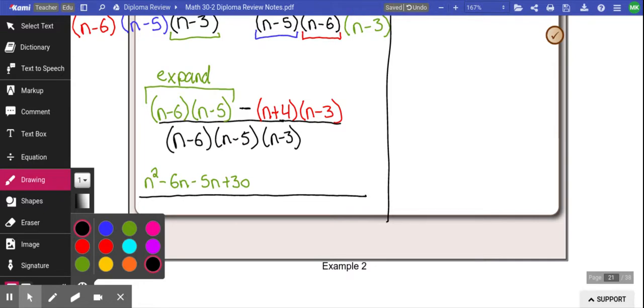Then we're going to expand the red side. When we expand the red side, we're going to get n squared plus 4n minus 3n minus 12. And the denominator hasn't changed. The denominator, once you've set it, almost never changes. It just kind of stays through the whole question.